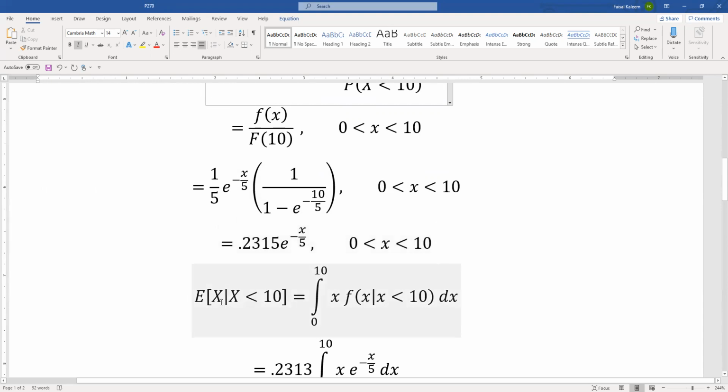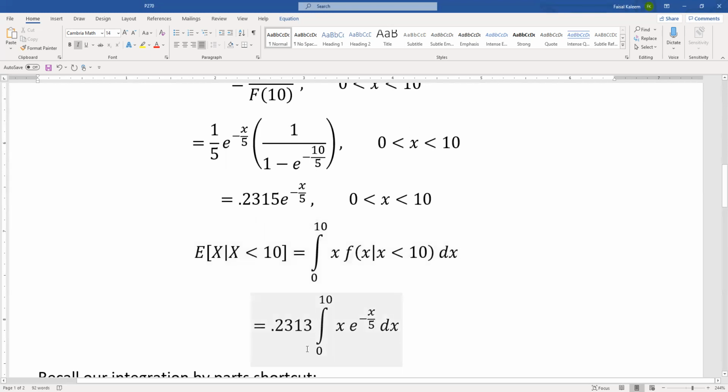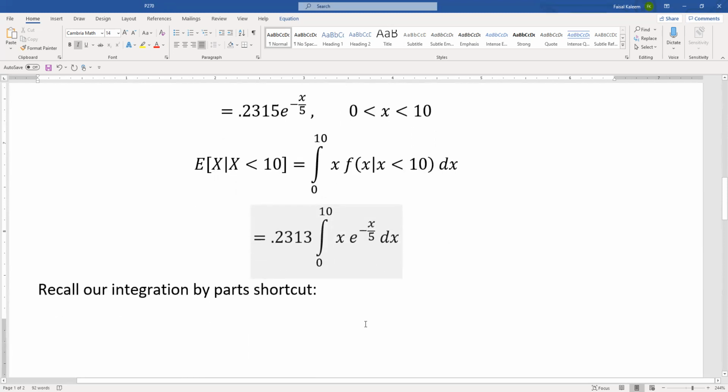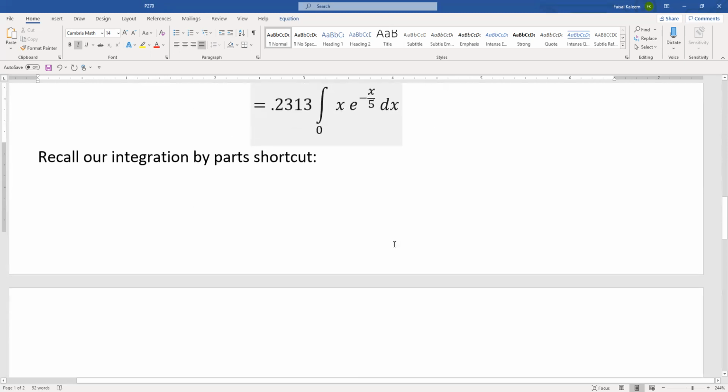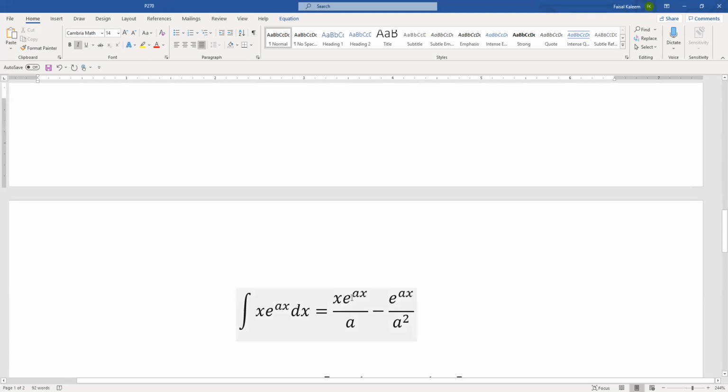So the expected value of x given x less than 10 would be the integral of x against this probability function of x given x less than 10, which we found to be this one. I pulled the 0.2315 out, and e to the negative x over 5 is left inside. Remember, in an earlier problem, we mentioned this shortcut for integration by parts when you have x e to the ax: it's just equal to x e to the ax over a, minus e to the ax over a squared.